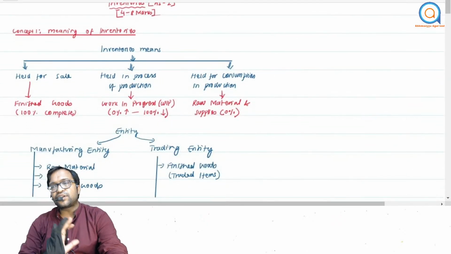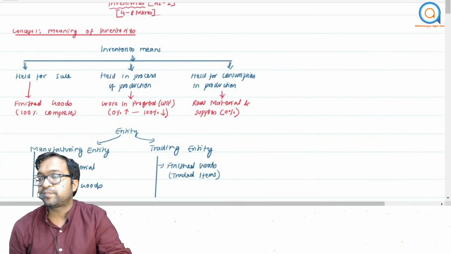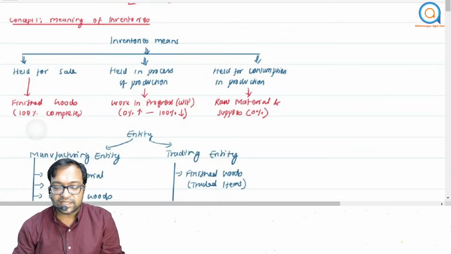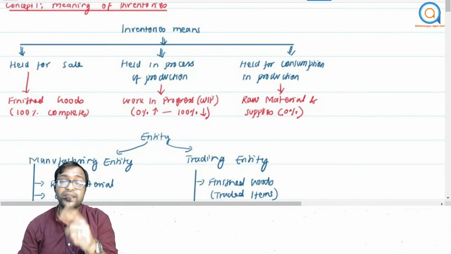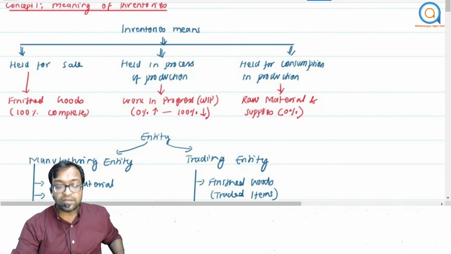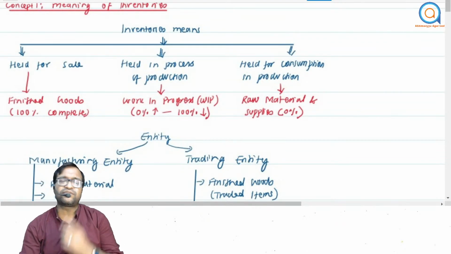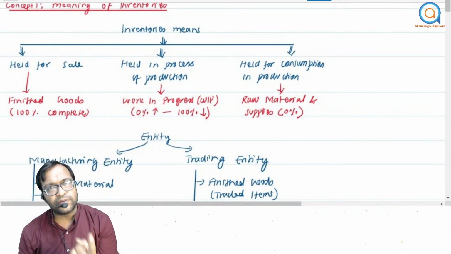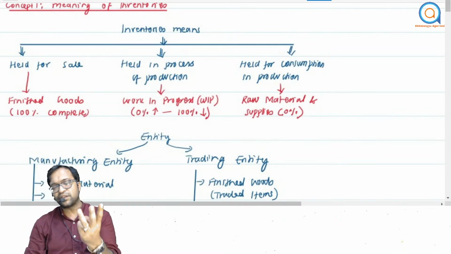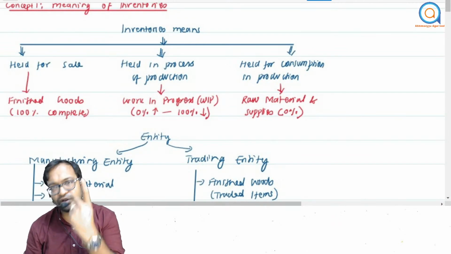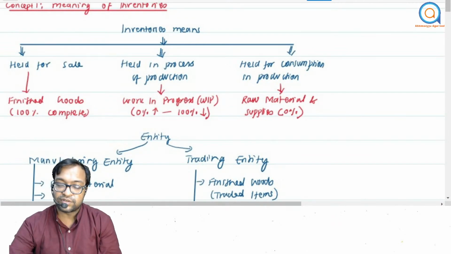Let me give you a quick recap of this chapter. Inventory simply means stock, or you can say goods. Inventories are governed by Accounting Standard 2, correct na? So as per Accounting Standard 2, inventories are of three types: stock of raw material, stock of WIP, and stock of finished goods.